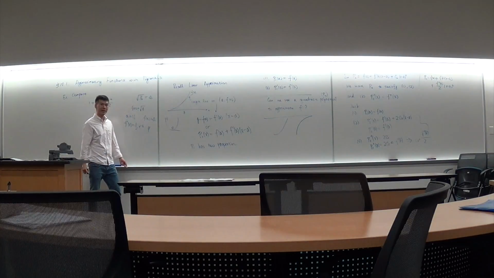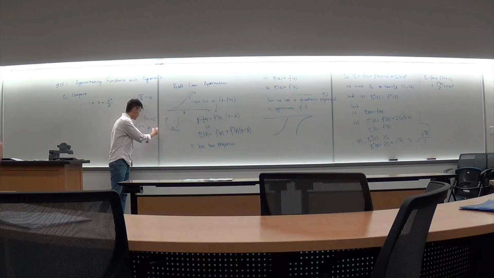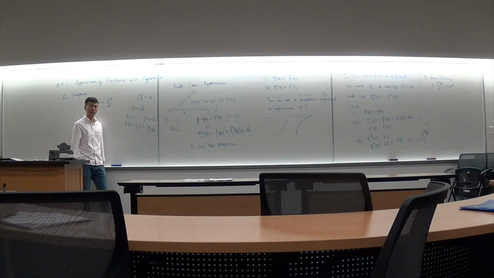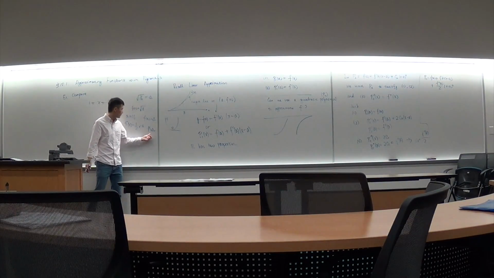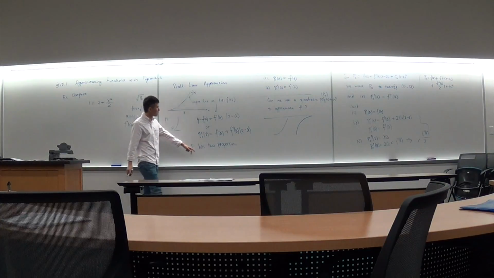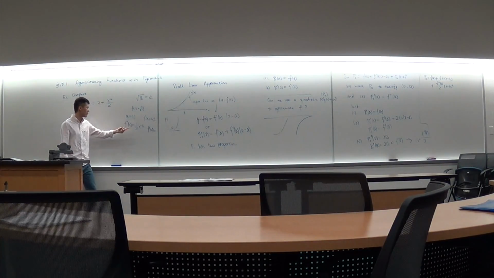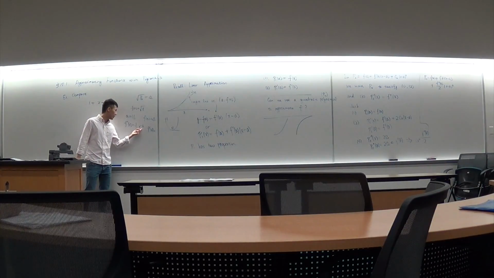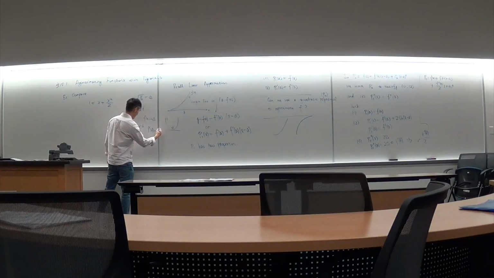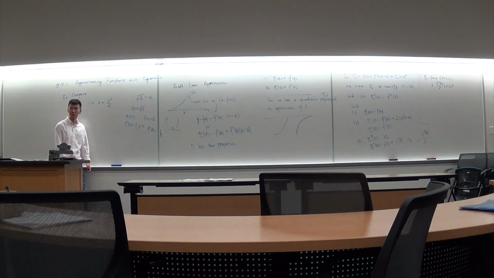We should be able to calculate f prime of A, because we're going to need that in this formula. If we plug in 16 here, what do we get? It's 1/8.